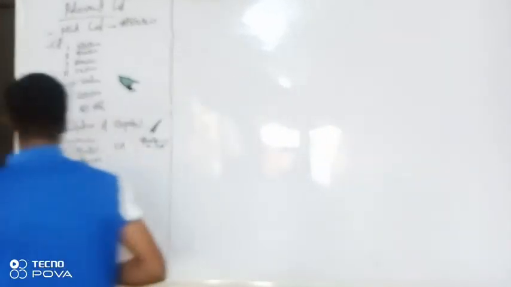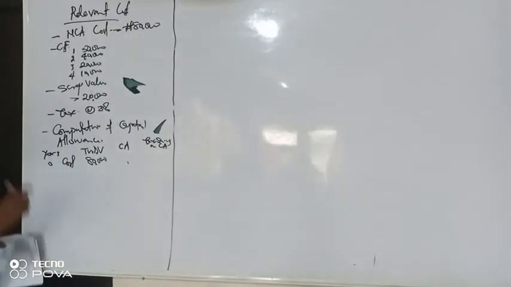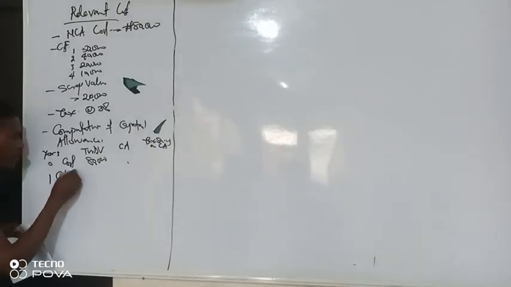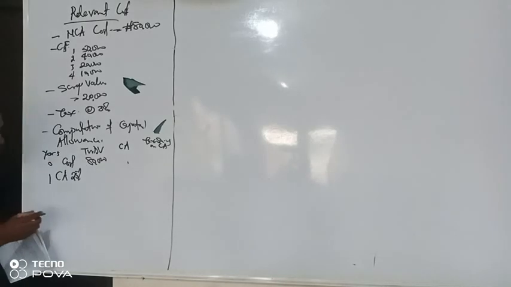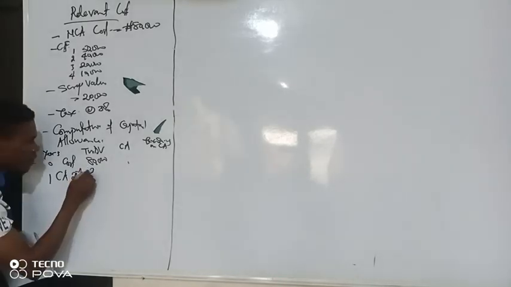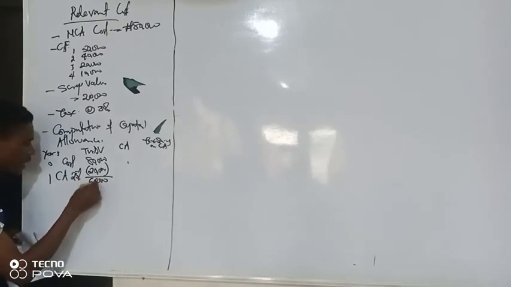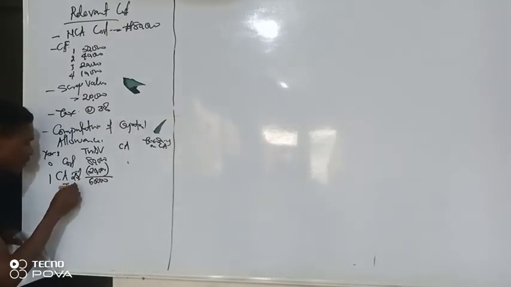So that means my capital allowance can be claimed first in year 1. In year 1, the capital allowance at the reducing balance rate of 25% is 20,000. Then we have 60,000 as our tax written down value.